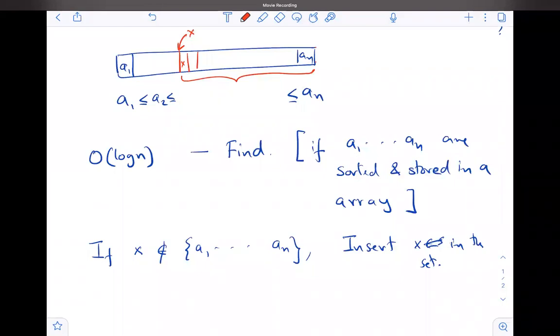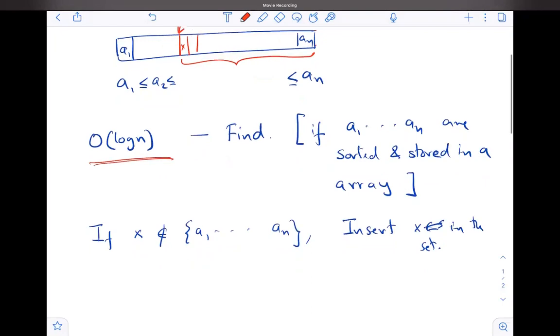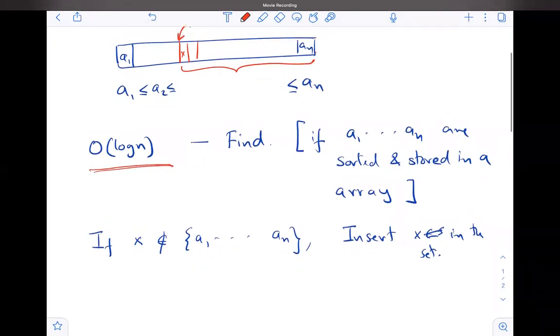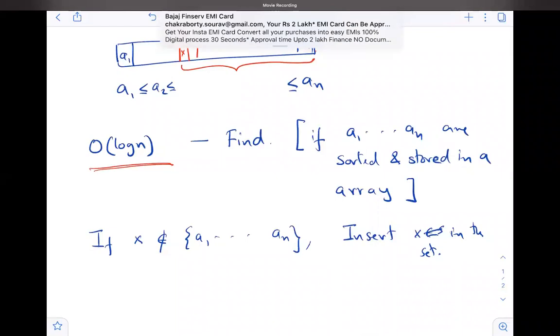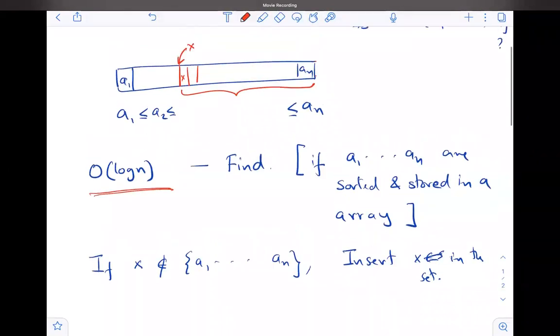So if you want to insert this X in this list and yet maintain the new set to be sorted, then just log n is not good enough. In the worst case, you have to spend shifting all of them. X can be the first, right?